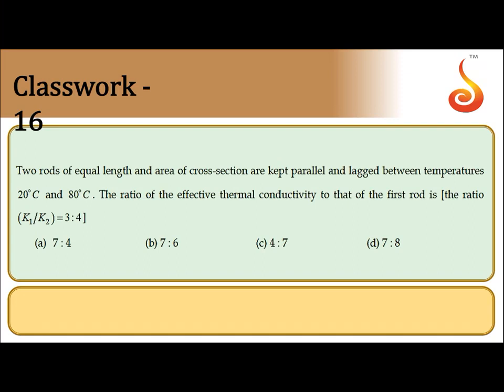You have to find the ratio of effective thermal conductivity to that of first rod. So, here they have given two rods are kept in parallel. So, this is one and another one is this. So, they are of equal length and equal area.